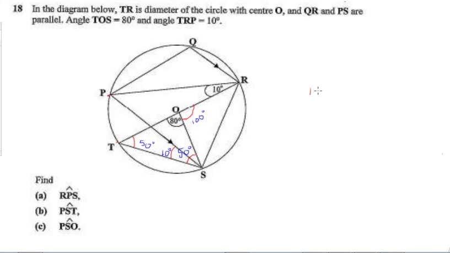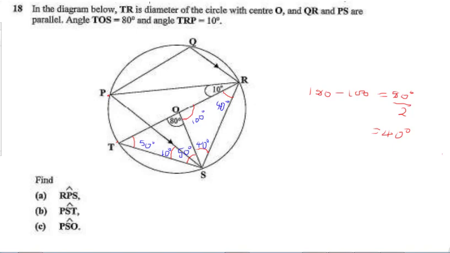So 180 minus 100 gives us 80 degrees. But then there are two angles, so this 80 degrees is shared between these two angles. So each angle is equal to 40 degrees. So we've got this angle here and this angle here, and they are both equal to 40 degrees.